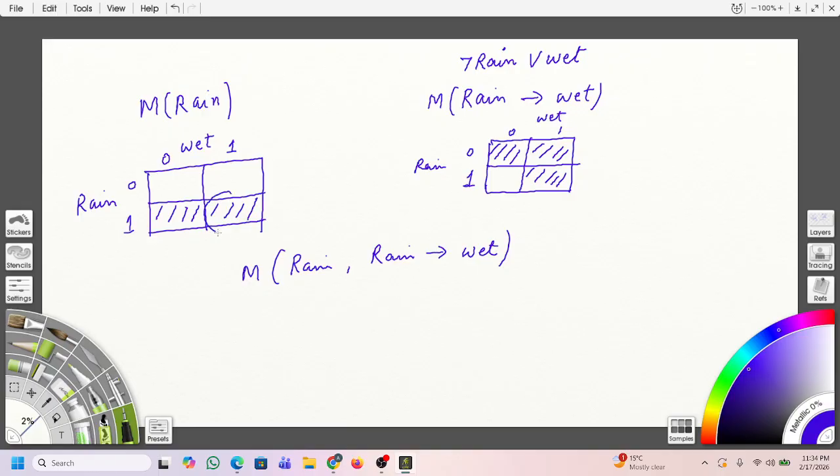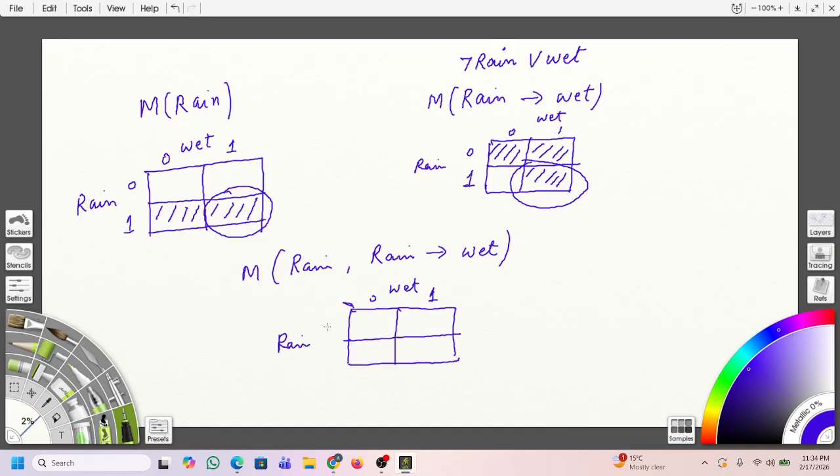This part is common in both of them, and hence the model for KB, or the given model, will be this part, with wet as 0, 1 and rain as 0, 1. So this part will be the model of KB, right?